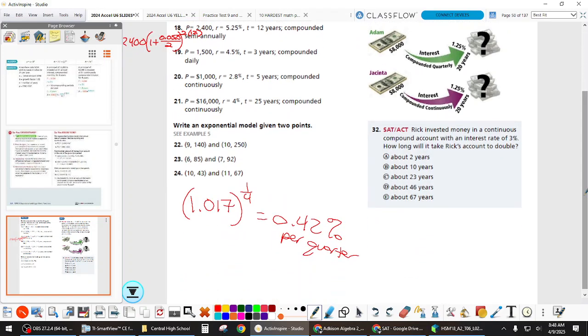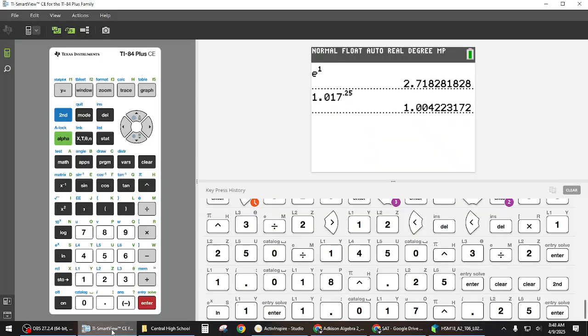All right, so for 21, you should be doing 16,000 E, remember there's no 1 plus in here. It's just E to the 0.04 times 25. So no worrying about putting ones or anything.